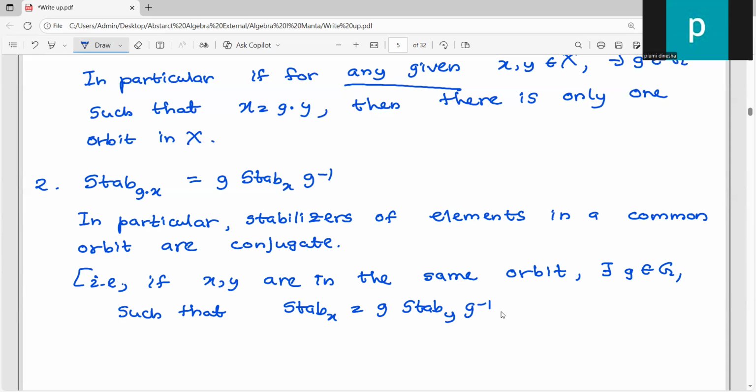So the stabilizers are conjugate. Okay, let's get to the proof.